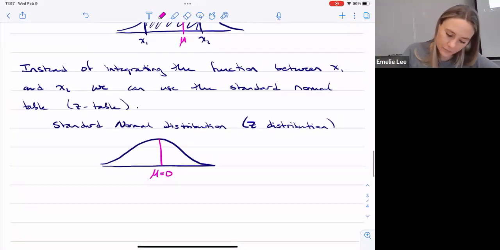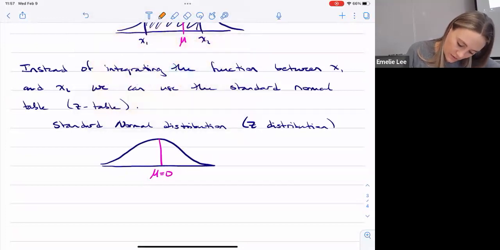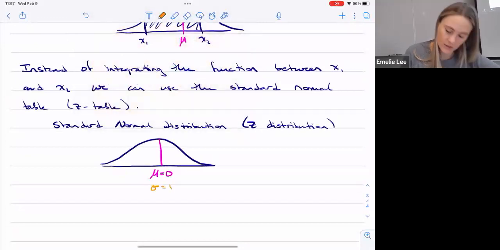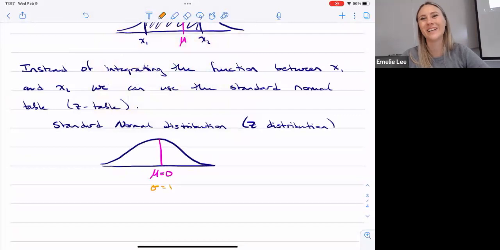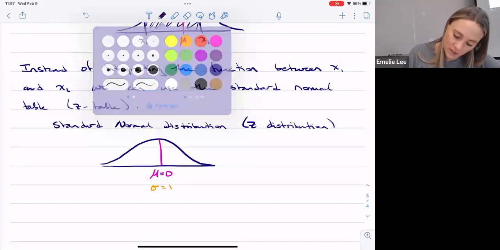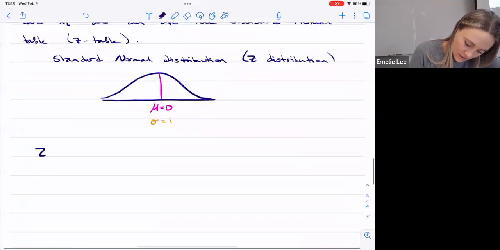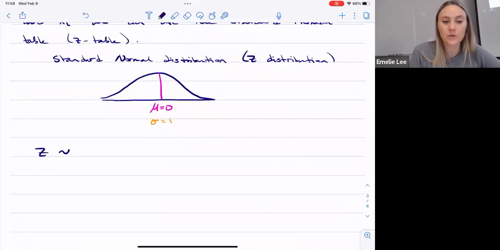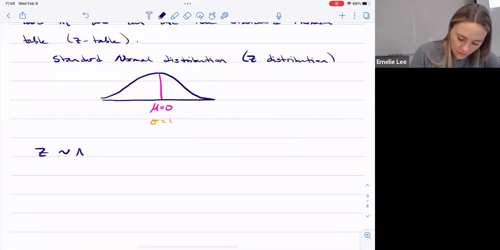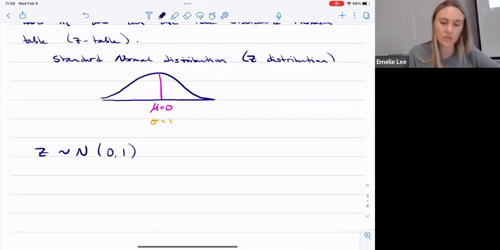And sigma is 1. Okay, and so the notation that we use is we say that Z follows a normal distribution with a mean of 0 and a standard deviation of 1.